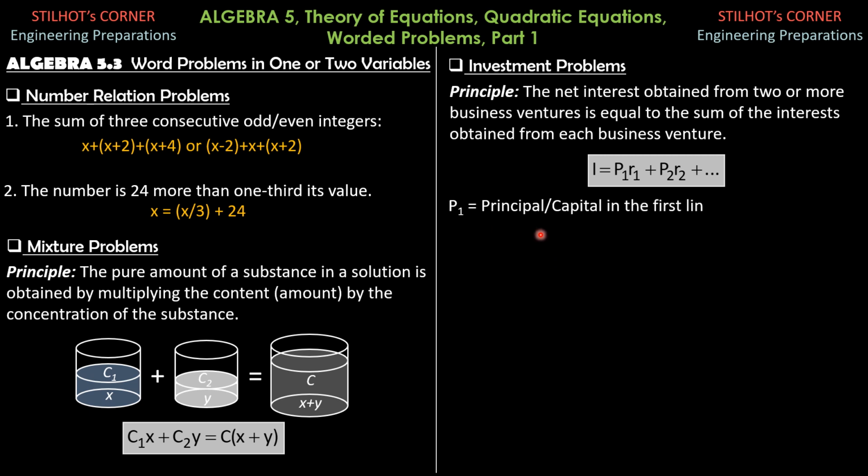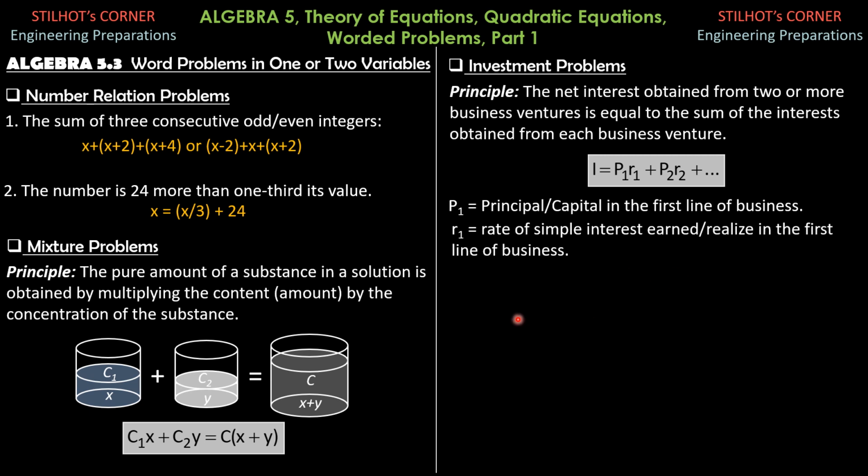So P sub 1 is the principal or capital in the first line of business. R1 is the rate of simple interest earned or realized in the first line of business.